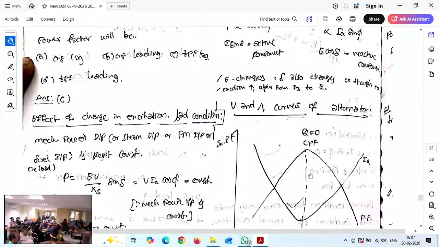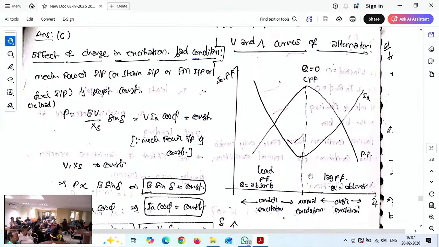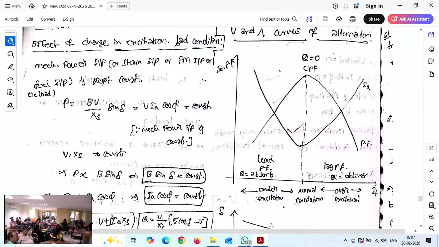Now, effect of change in excitation on load condition. If now the alternator is getting loaded, say alternator is now delivering load, then what will happen? Active power definition we have E V by XS sin delta. Since mechanical power input is constant, I am taking active power is maintained constant. P is equal to V IA cos phi per phase, that is constant.